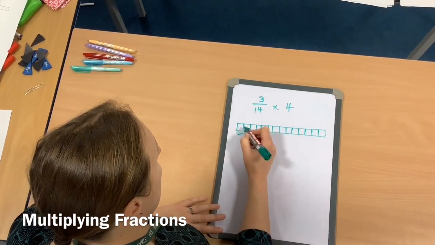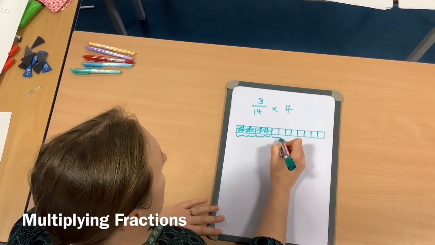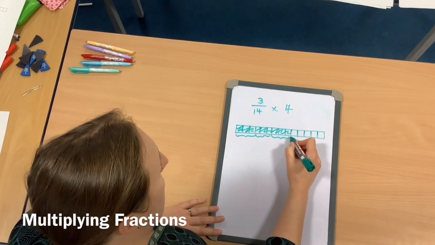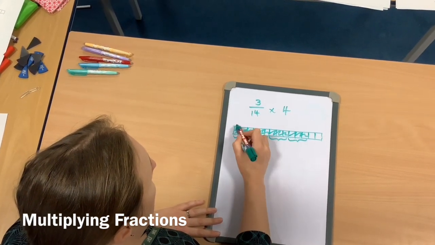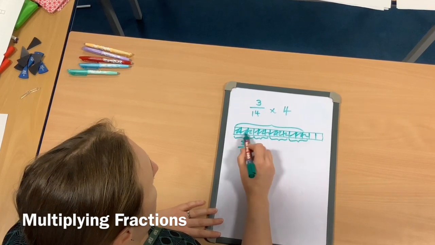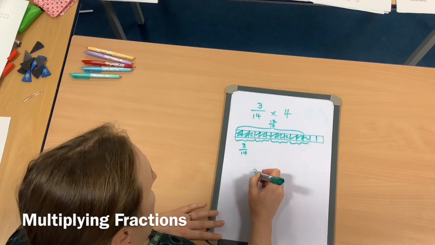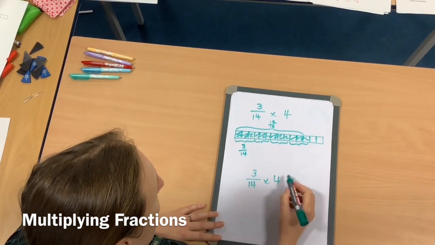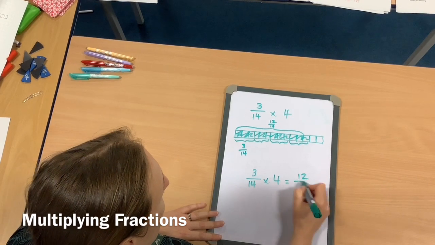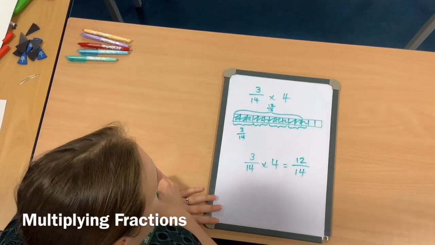There's one lot of 3, the next lot of 3, a third lot of 3, and the fourth lot of 3. So all of these are 3/14, and altogether 3, 6, 9, 12. That's 12/14. So as the abstract, I would just do 3 times 4, which is 12, and they're still 14ths, which gives me the answer 12/14.